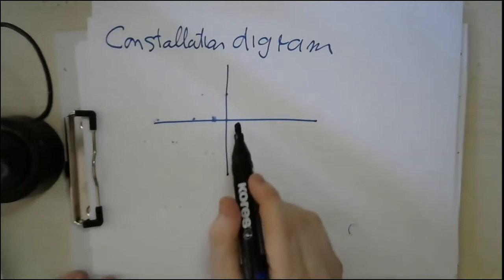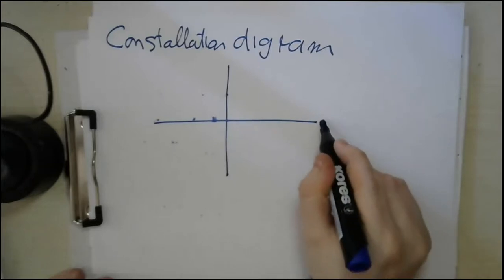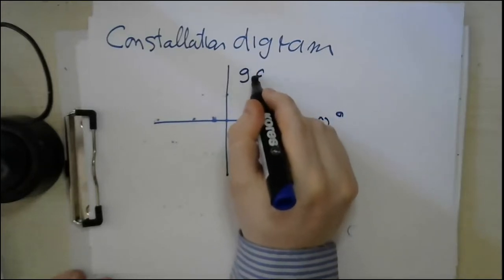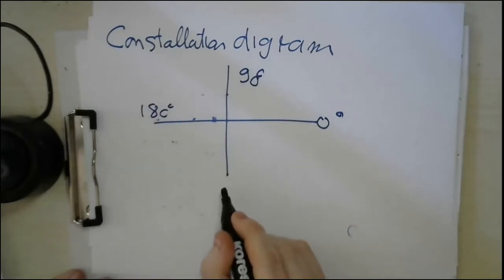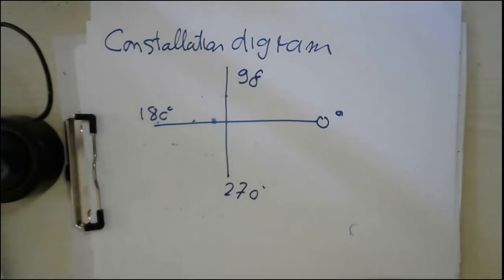You are representing the amplitude in this direction. This is the phase. So this represents the 0 phase, this is the 90, this is the 180, and this is the 270.